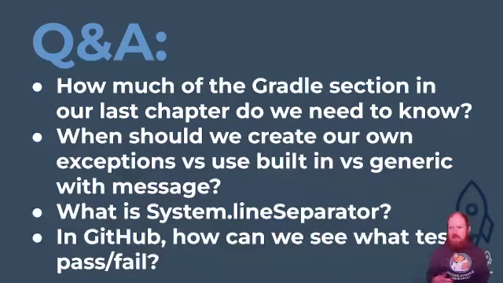Some do /n and then some do /n/r. So when you use the system.line separator, it's supposed to look at your system and use that line separator. Supposed to. As you can see in the tests, it's not always working as expected.